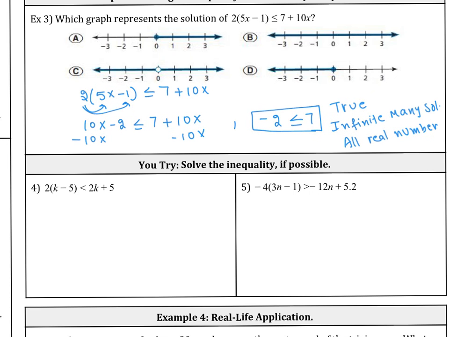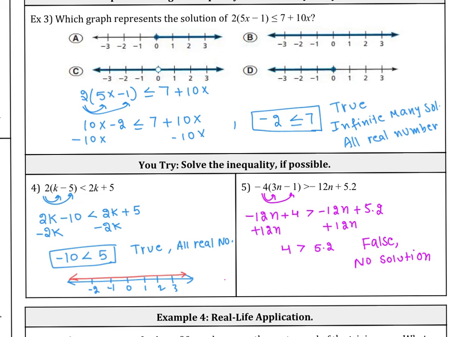Now you're going to pause the video and try number 4 and 5. For number 4, you're going to distribute the 2 inside. So you get 2 times k is 2k. 2 times -5 is -10, less than 2k plus 5. Now you're going to bring the variable on one side and numbers on the other side. My first operation to do that is subtract 2k on both sides.